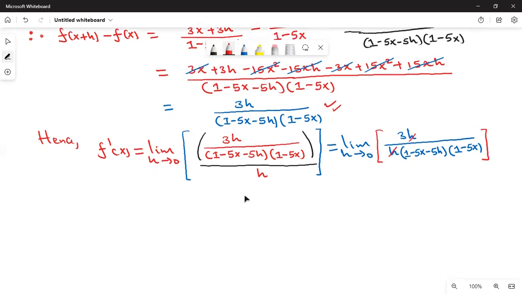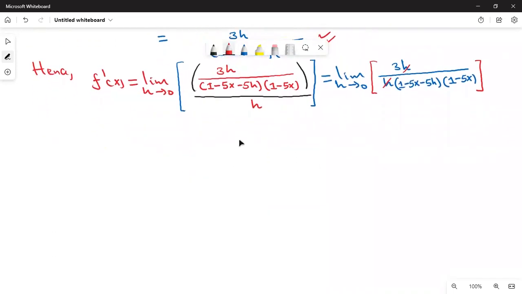So what you remain with is now this one. Let me write it here. We now remain with the limit as h approaches 0 of 3 in the numerator. Our denominator is 1 minus 5x minus 5h times 1 minus 5x. So that's what we have. This is in brackets.